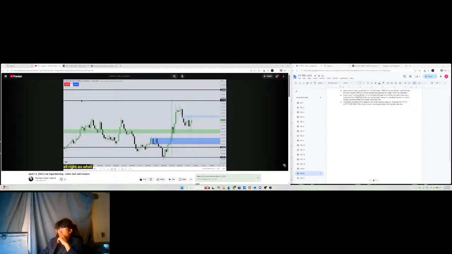All right, so what we have here is we have a swing low in here. And remember that Monday fair value gap? See how it's respecting that right there? So we have a swing low after trading down into a bullish breaker.